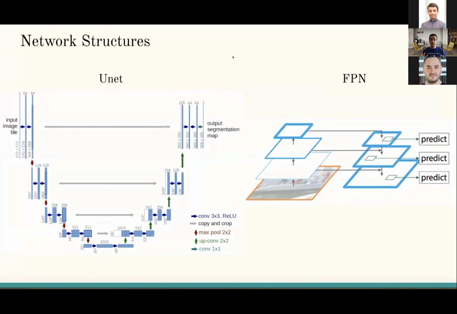By looking at their structures, you can see both of these neural networks have encoder and decoder parts. Also, let's notice they have skip connections too, and those skip connections actually play a huge role in getting high accuracy here.